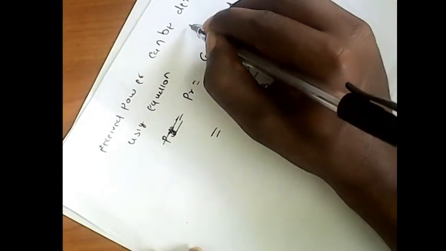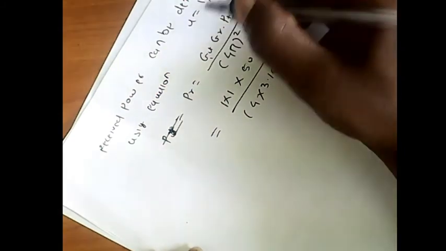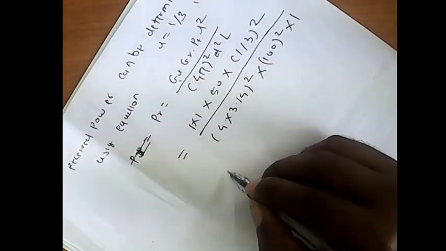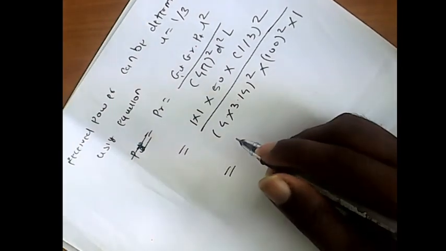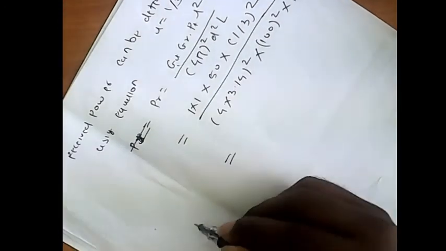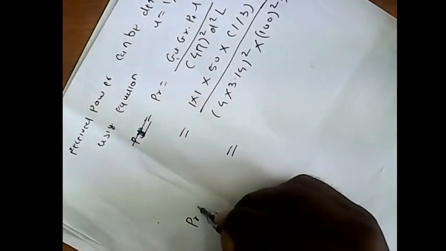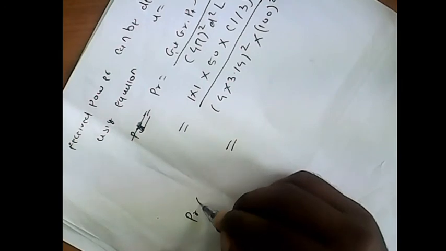So lambda is 1/3, which is calculated, and L is considered as 1. So we can calculate the received power.